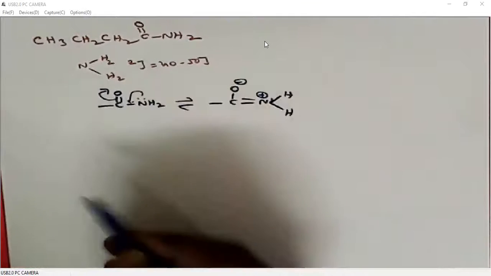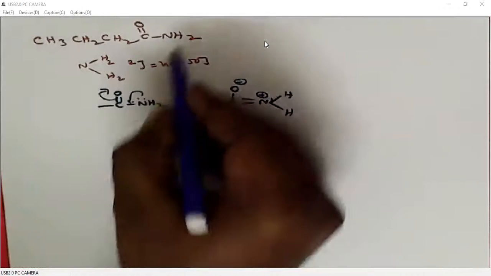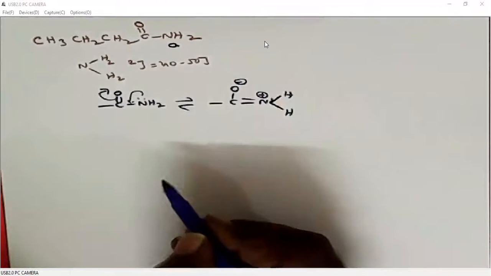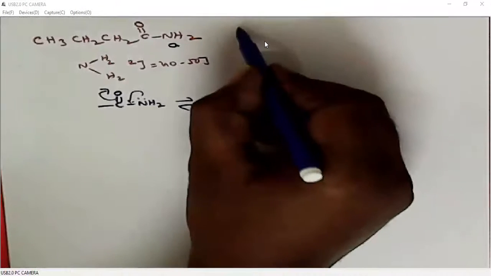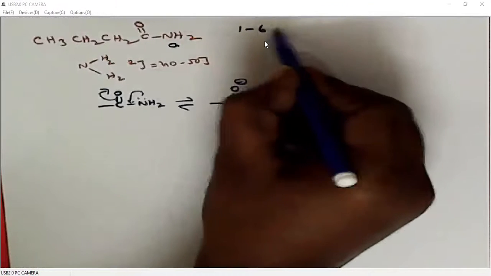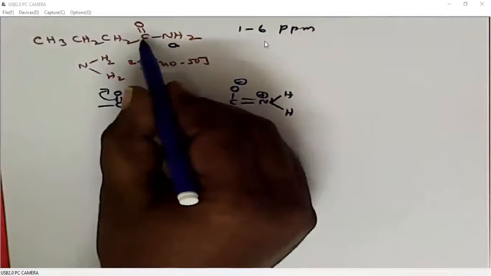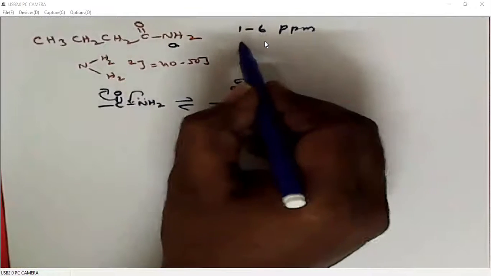In this case, when we look at the delta values, of course, nitrogen protons will have the highest delta value. Generally, they range from 1 to 6 ppm, but the nitrogen is present on an sp2 hybridized carbon, right? So because of that also, the delta values will further increase.